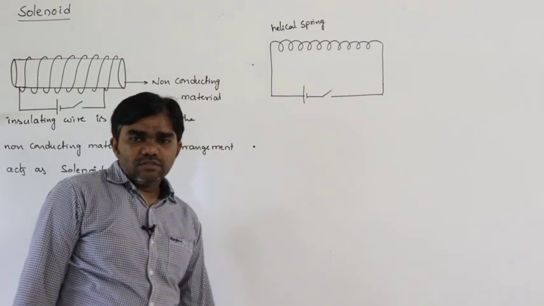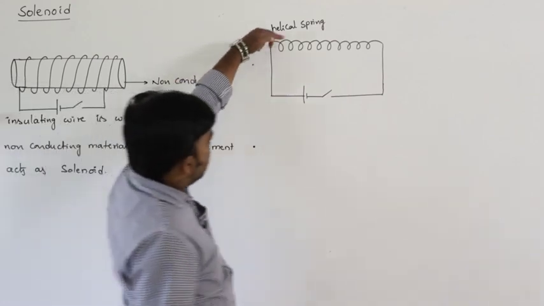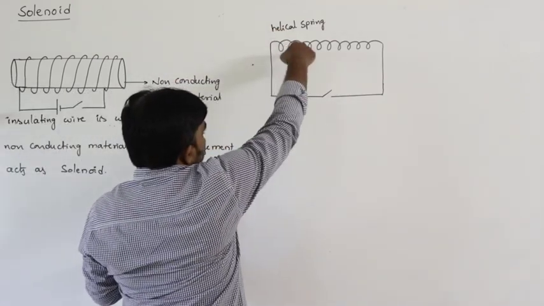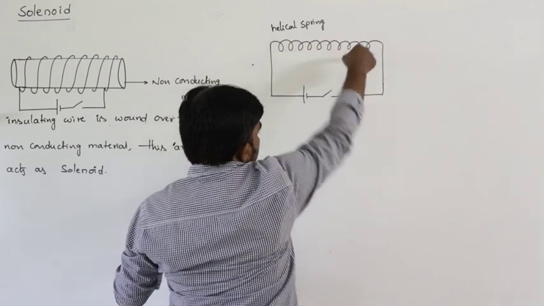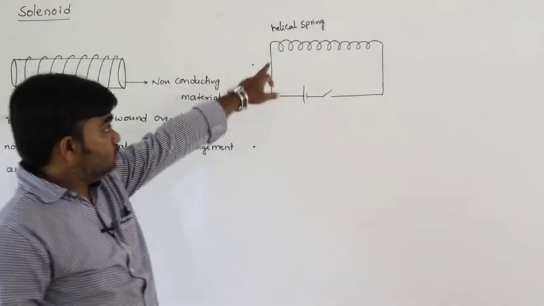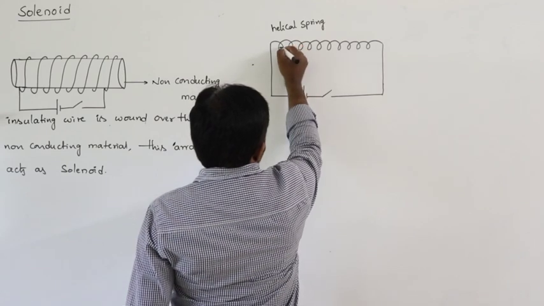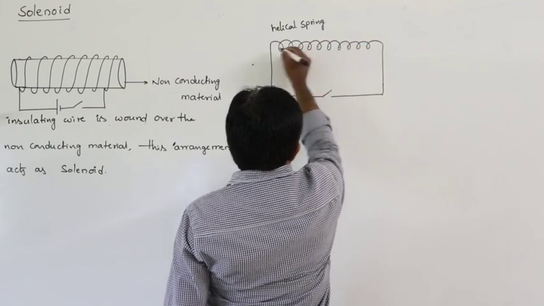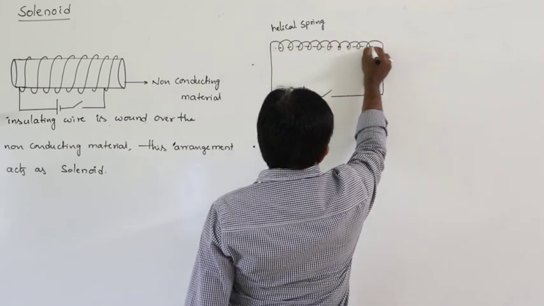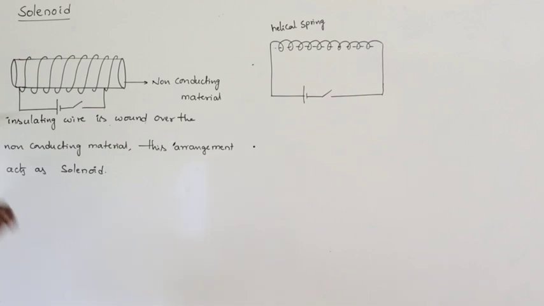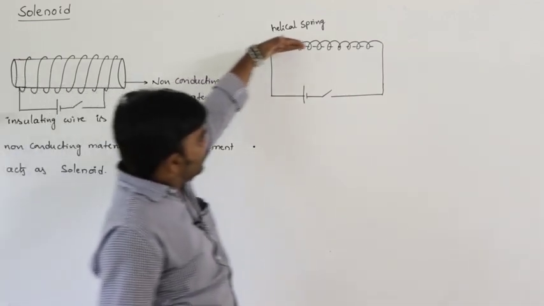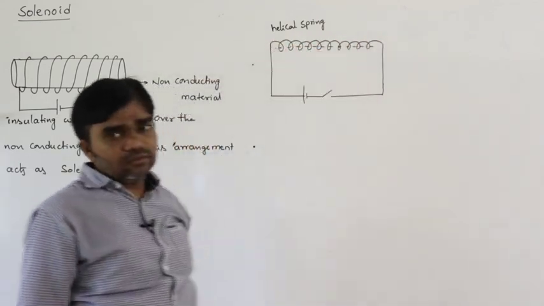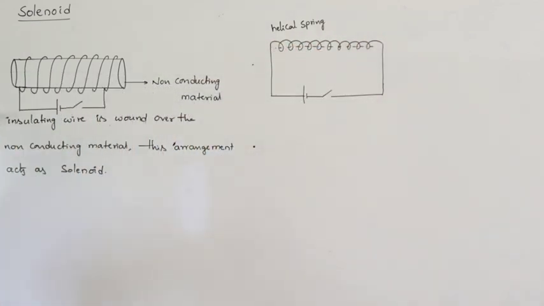So solenoid means, this is the current carrying conductor, like this. So current passes through these wires. Now all the centers must coincide along the same axis. So like this, all the centers of the spring, all the centers of the circular coil must coincide. So this is nothing but the axis of the solenoid. So this is the arrangement of solenoid.